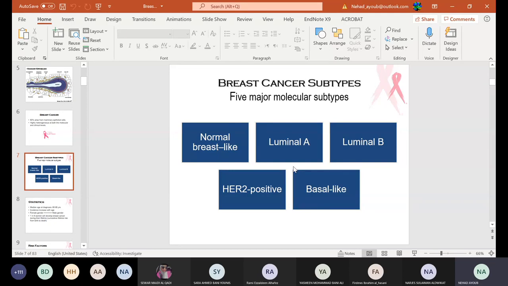Luminal B is a little bit more aggressive than luminal A. Luminal B is still hormone dependent. Okay, the growth of the luminal B tumors depends on estradiol, but a subset of luminal B is also positive for HER2. Okay, فبالتالي الluminal B ممكن يكون only positive to the hormone receptors.